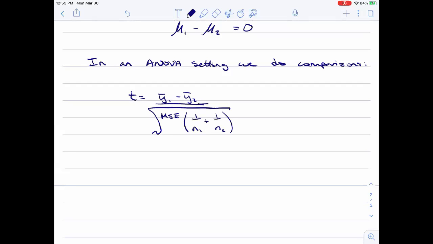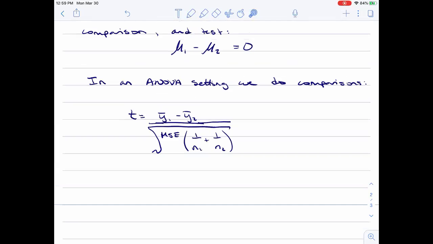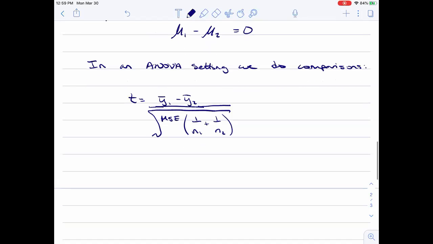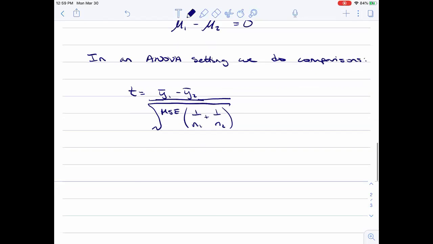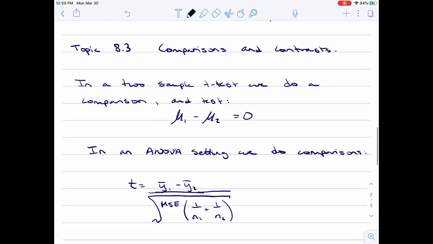We've seen that before when we were doing our comparisons. Here we use the mean squared error in lieu of our standard error, or standard deviation, because we're in the Anova setting. We assume that they all have the same standard deviation, so we can use the mean squared error instead of the standard deviations. Those would be considered comparisons.